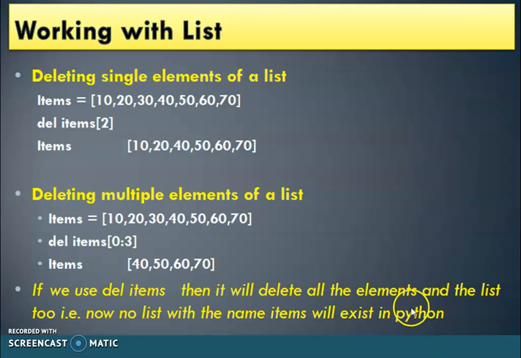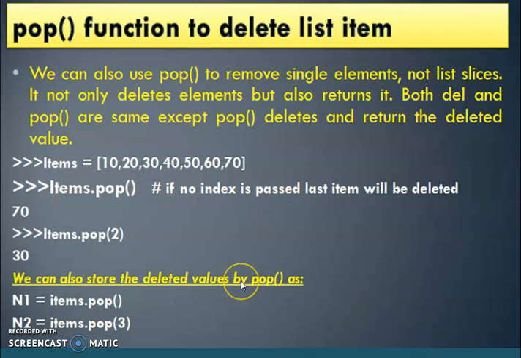Okay, children. Next one, the pop function to delete list items. del is one method, another method is pop. Then what is the difference between del and pop? We can also use pop to remove single elements, not list slices.